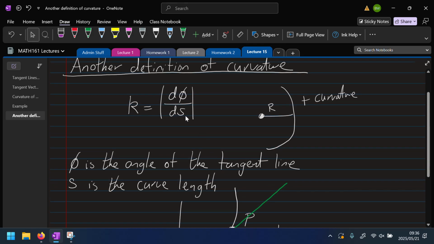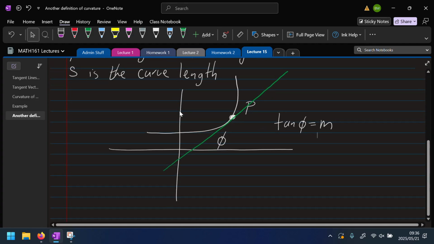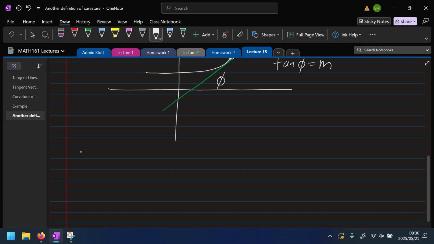So we want d phi by ds. Doing it like that is going to be a little bit more difficult. So instead, we're going to use the chain rule and write d phi by ds as d phi by dt times dt by ds.